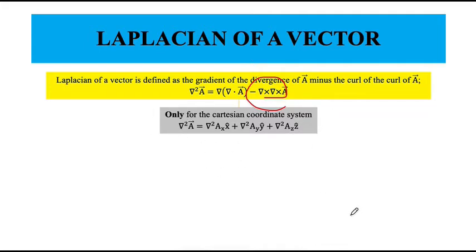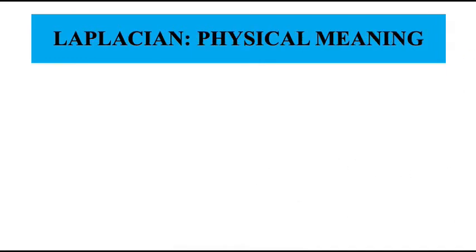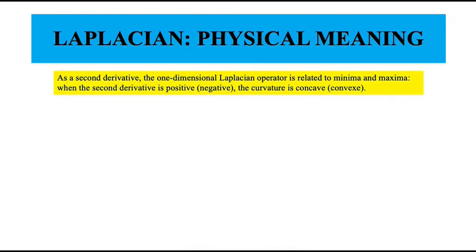Okay, so what is the physical meaning of the Laplacian? In physical terms, it is a second derivative. The one-dimensional Laplacian operator is related to minima and maxima. Then the second derivative is positive or negative and the curvature is concave or convex. If it is positive, then it is concave.